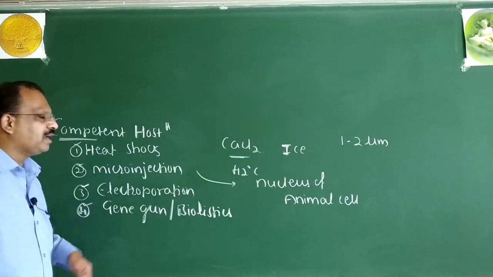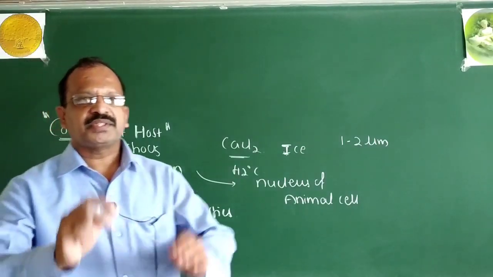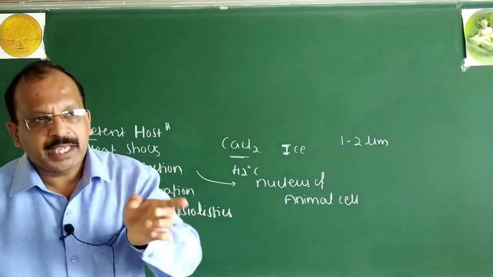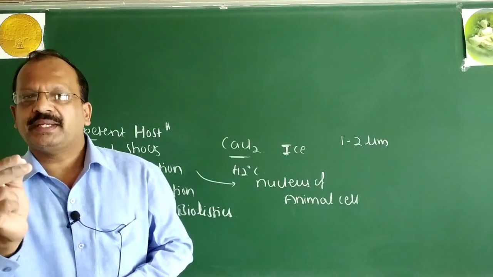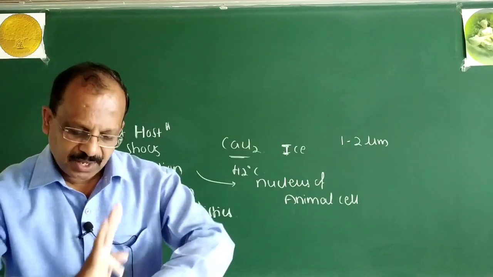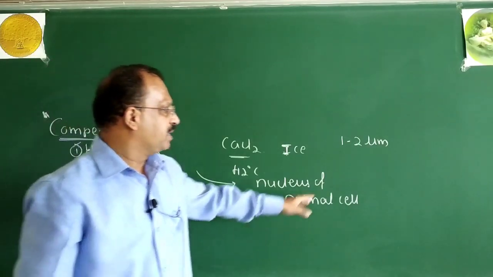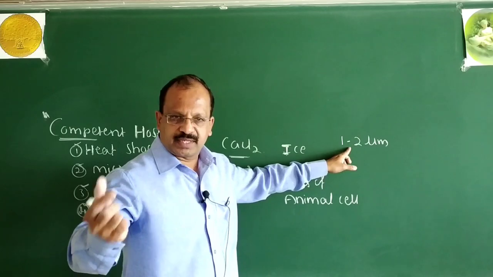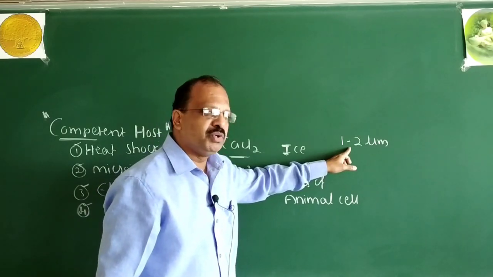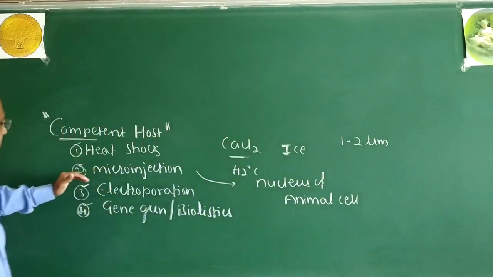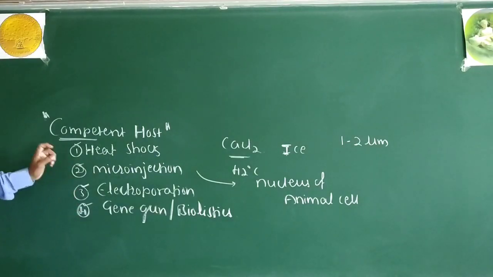In gene gun or biolistic, the plant cell is bombarded with high velocity microparticles of gold or tungsten coated with DNA. The size of that gold or tungsten is 1 to 2 micrometres. So that ends four techniques to make the competent host cell.